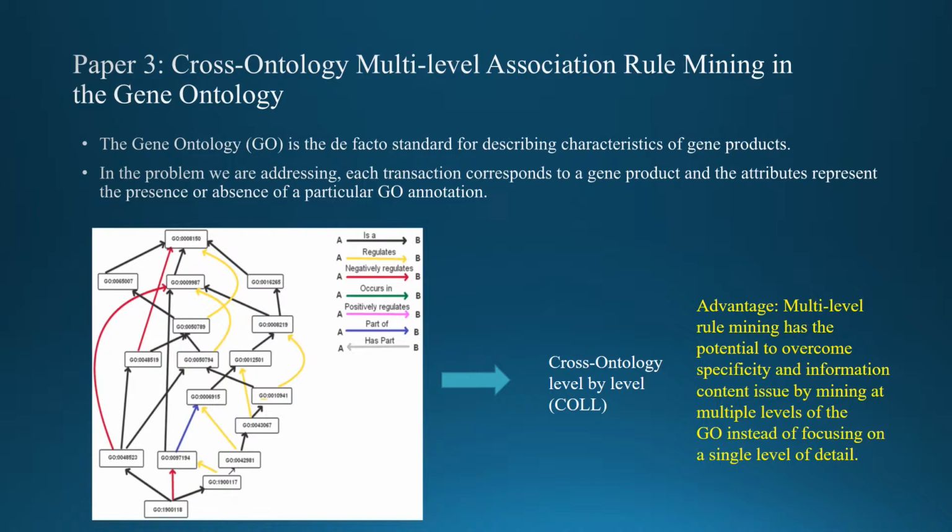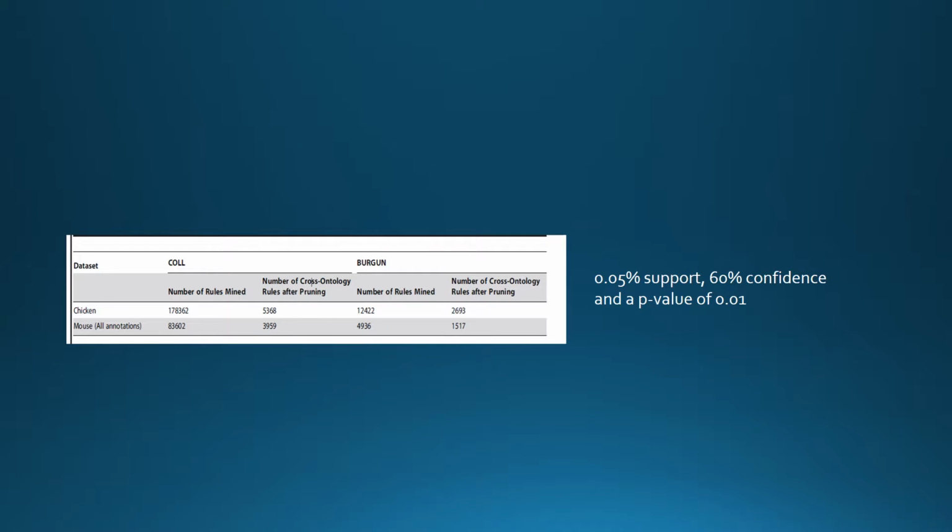In the general association rule mining, it's just single-level mining, but in the cross-ontology level by level, it starts from the bottom and goes all the way through the top, and it has different clusters and mining patterns that give very useful and meaningful information going forward.